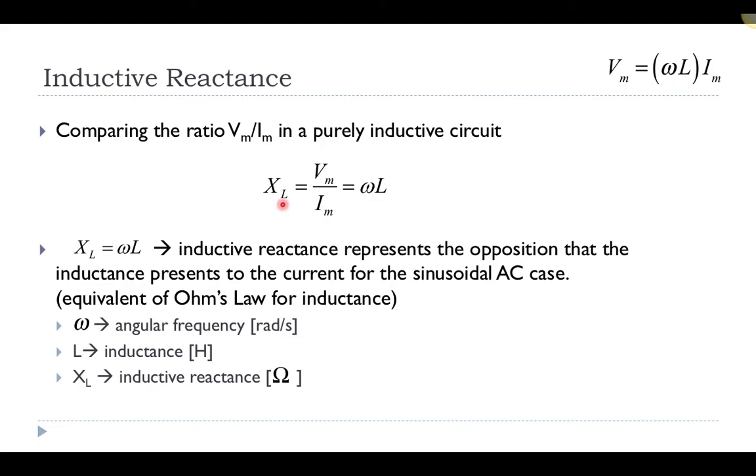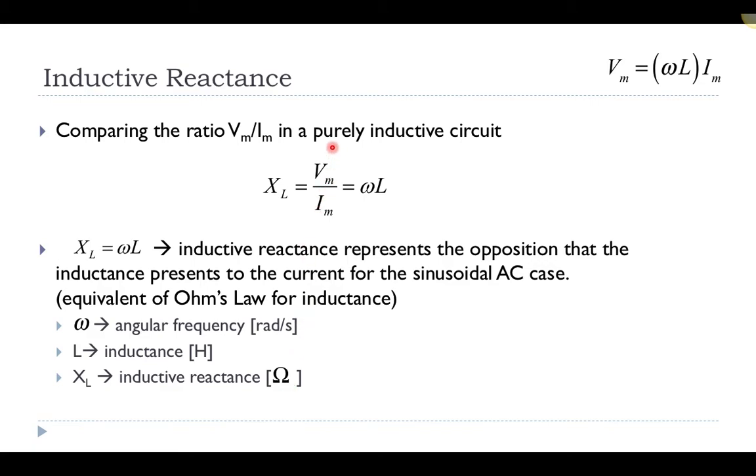The inductive reactance depends not only on the actual inductance of the inductor, but also on the frequency at which the source is oscillating. Omega is the angular frequency in radians per second, and L is the inductance in Henry. As long as you have the angular frequency in radians per second and the inductance in Henry, when you multiply those together you get units of ohms, the same units we have for resistance.